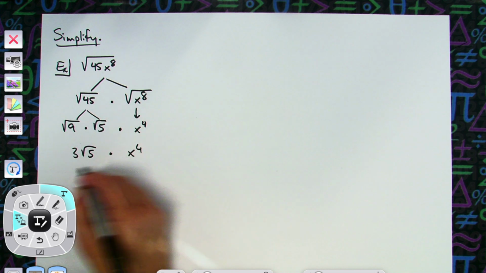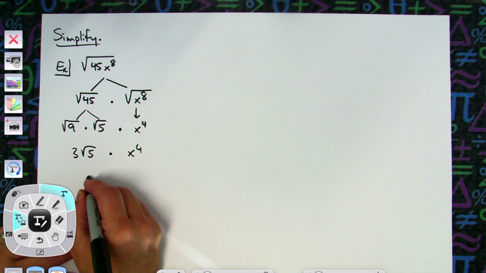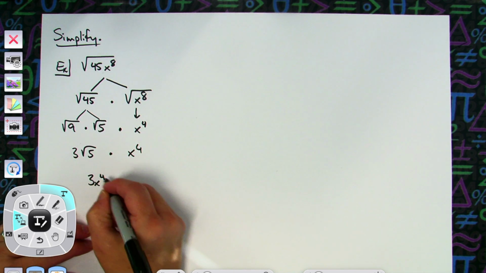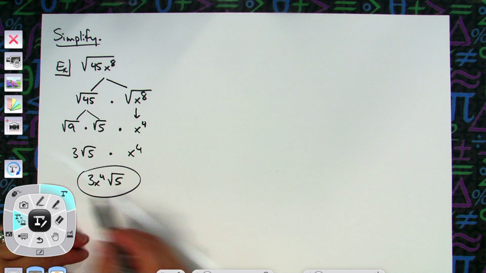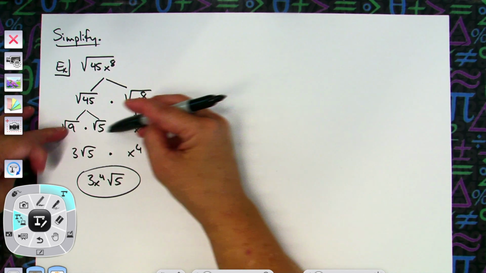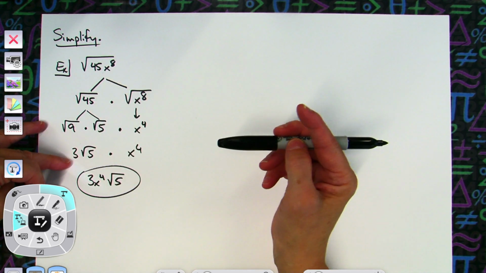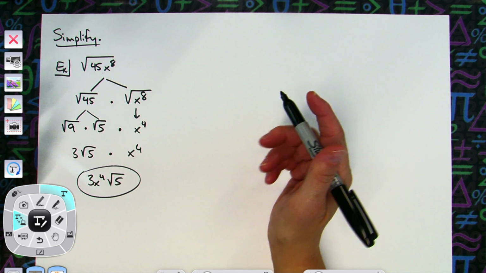Anything on the outside of the radical gets put in front. The 5 is the only thing underneath the radical now, so 3x to the 4th square root of 5. When you are breaking this up, things are being multiplied together. When you write your final answer, those dots are going to go away because you're going to write it nicely.